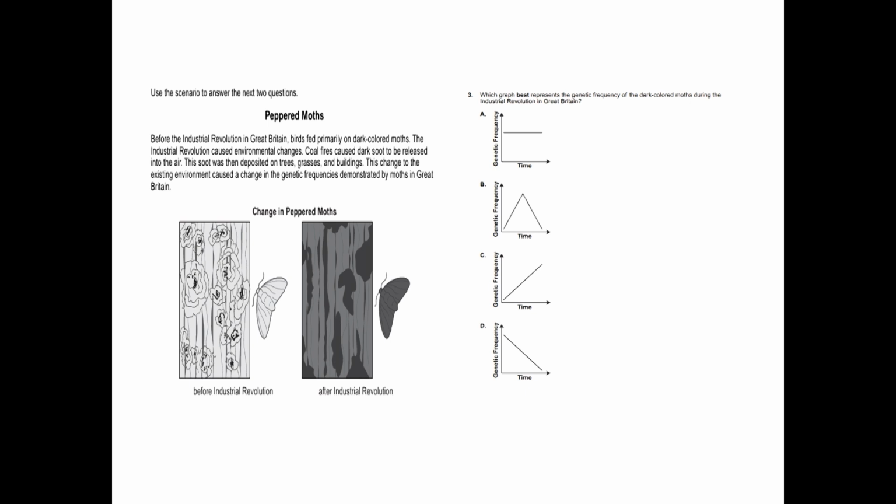Okay, the best answer here is C. Basically, we're getting a lot more of these dark-colored moths. And you can imagine, look at this dark-colored moth after the Industrial Revolution. Everything's covered in this black soot. These black moths are hiding really, really well during this time.